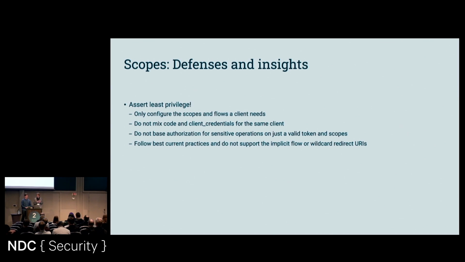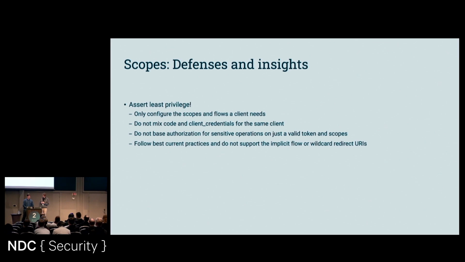So keep that clean, and do not base authorization for sensitive operations on just a valid token and scopes. Use something more like perhaps client ID or authentication method and so on. And follow the best current practice, and don't use wildcard configuration either in the routing or in the redirect URIs.